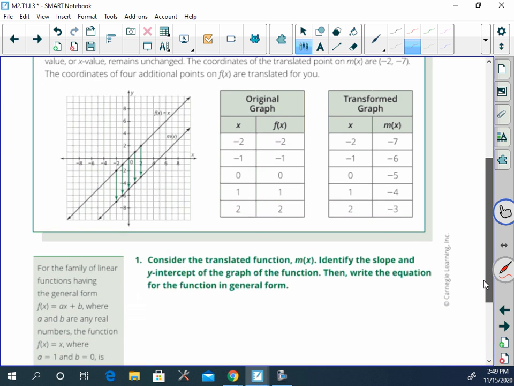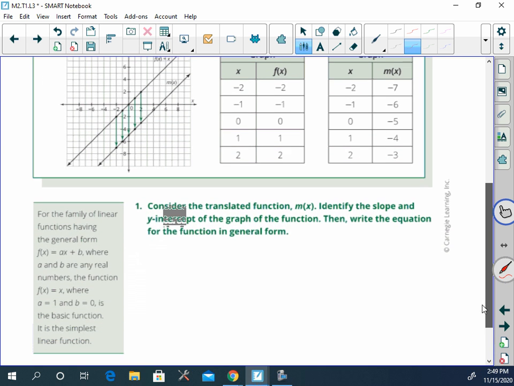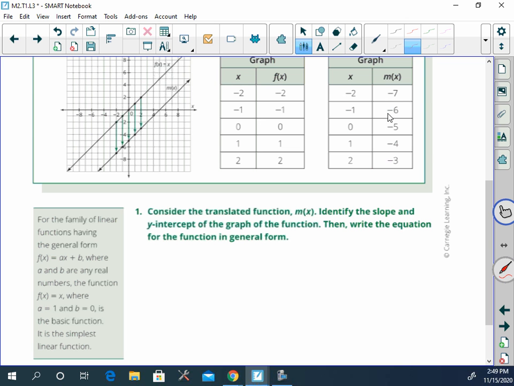Okay? So down here it says consider the translated function m of x. So we're looking at this one here or looking at this lower graph here. Identify the slope and y-intercept. So if you look, our slope is still 1. So let's go ahead and write that. And now our y-intercept is at -5.